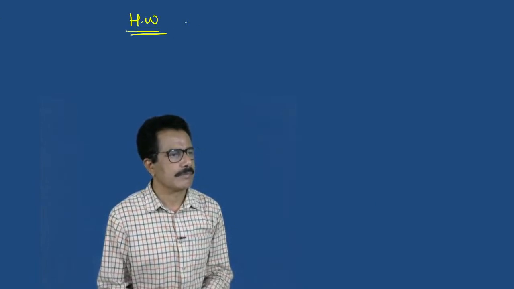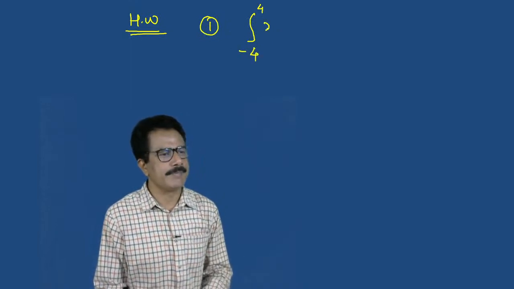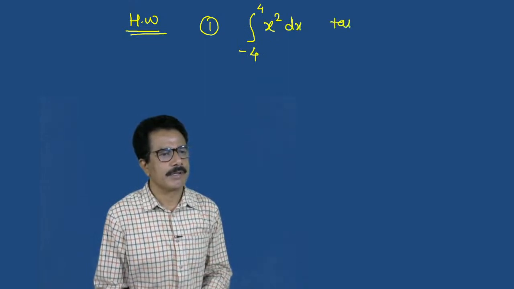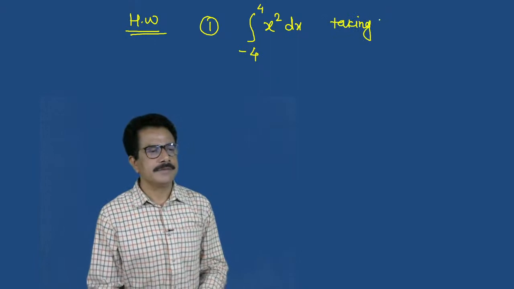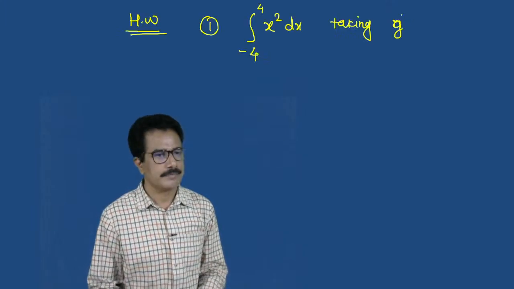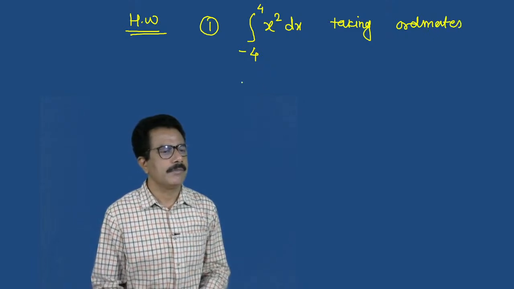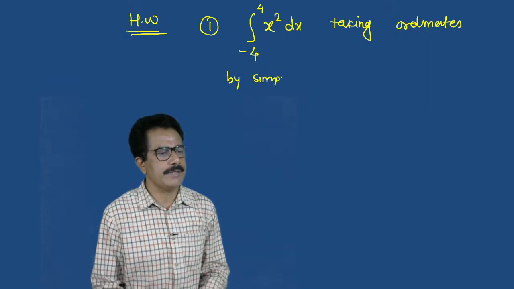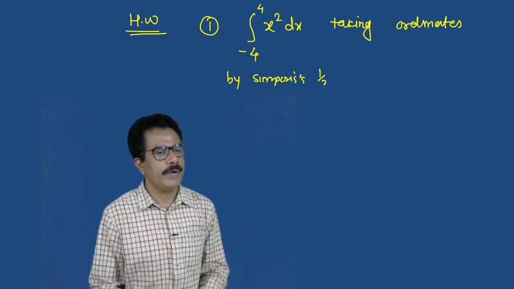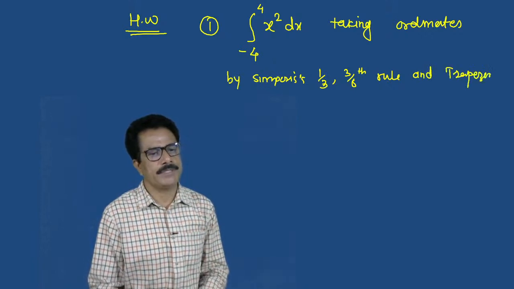Okay, homework. Calculate the integral from -4 to 4 of x² dx, taking 9 ordinates, by Simpson's 1/3 rule, 3/8 rule and trapezoidal rule.